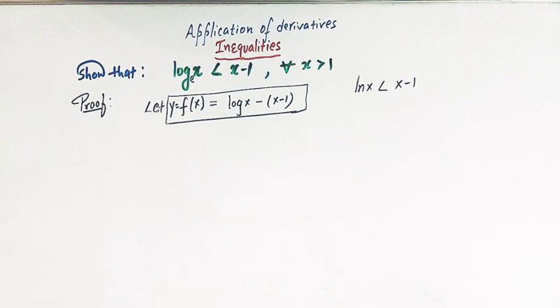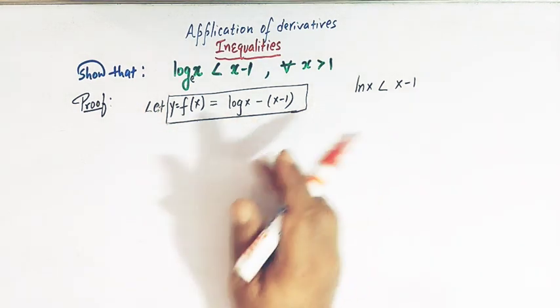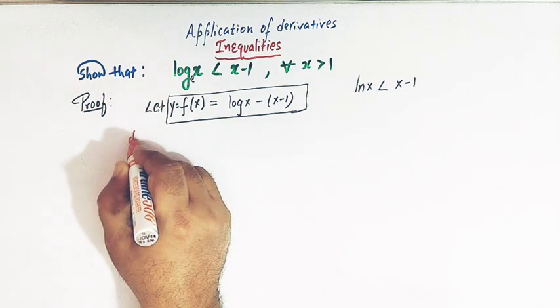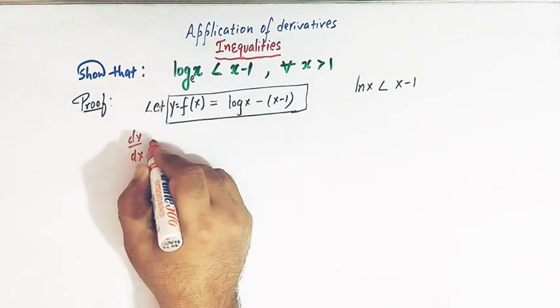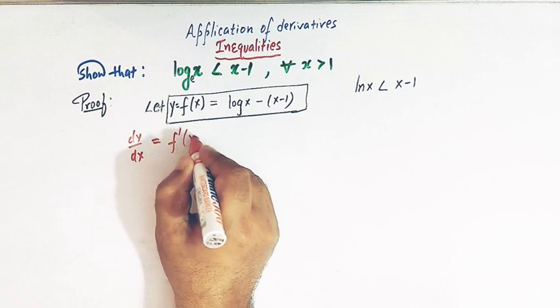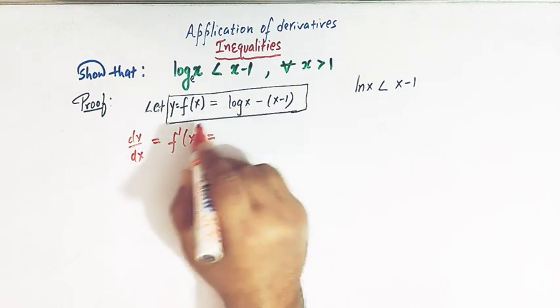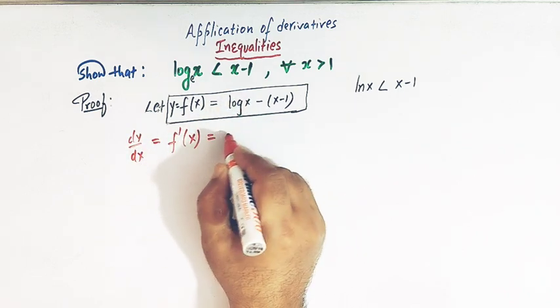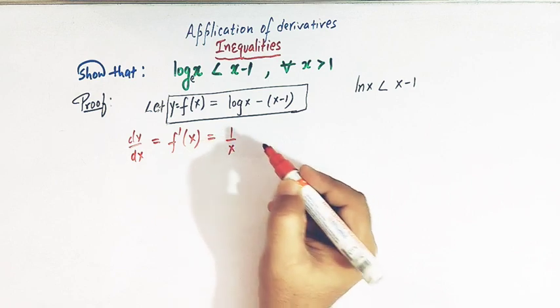So once we have assumed the function, let us apply the concept of derivative to the function. So let us differentiate both sides with respect to x. So let us find dy over dx, which is equal to f prime of x, and the derivative of log x is 1 over x, right?